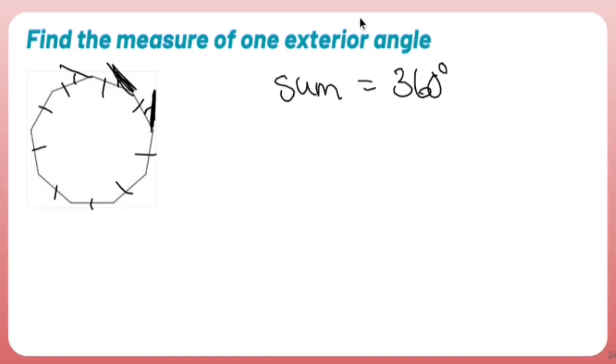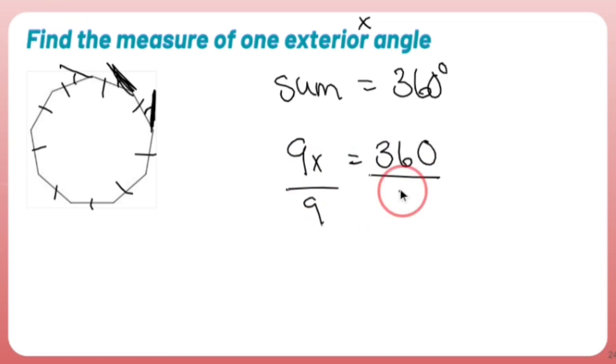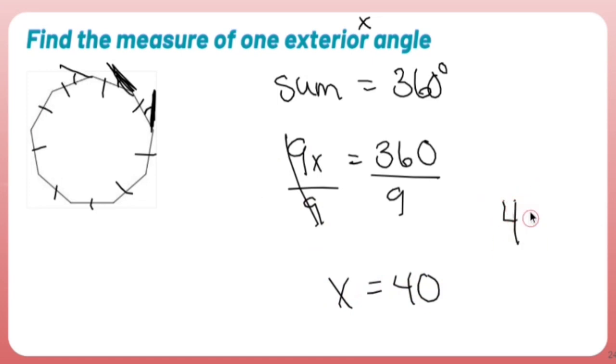I will call an exterior angle x for exterior. Since there's 9 exterior angles and they all add up to 360, I'll say 9x equals 360. Divide both sides by 9, and x equals 40. So each exterior angle is 40 degrees.